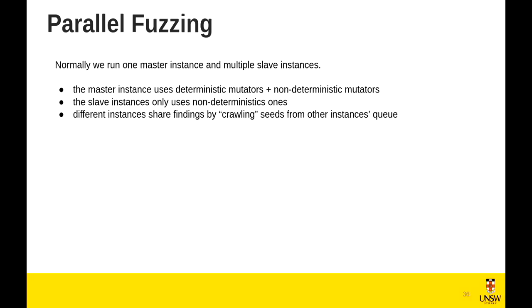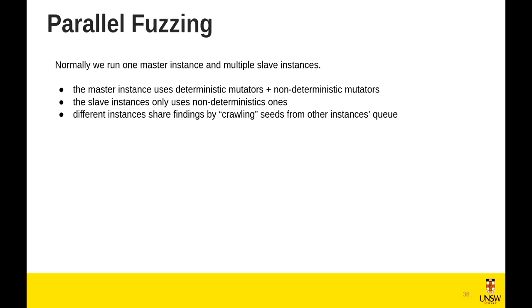In order to do this, they share information, they are actually sharing the seeds they have discovered. Each instance we run in parallel is aware of the folder that stores the seeds of all the other instances running in this fuzzing task.